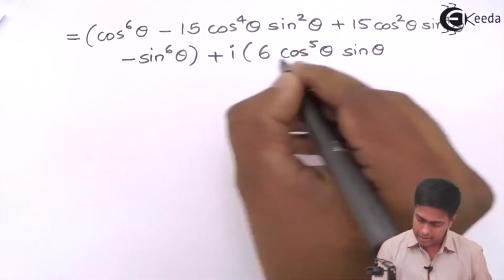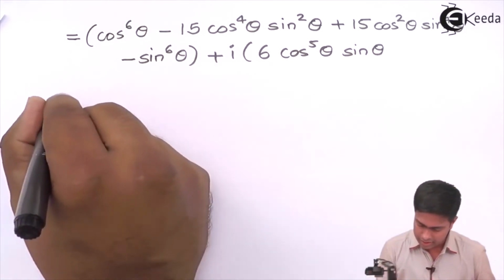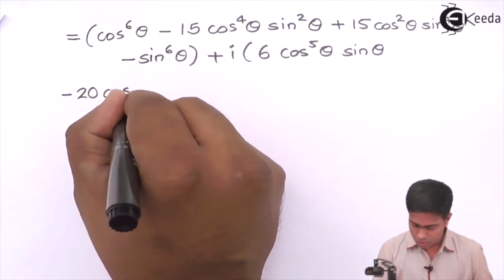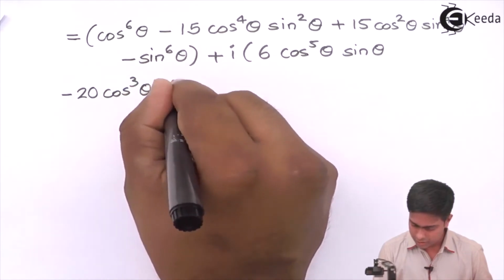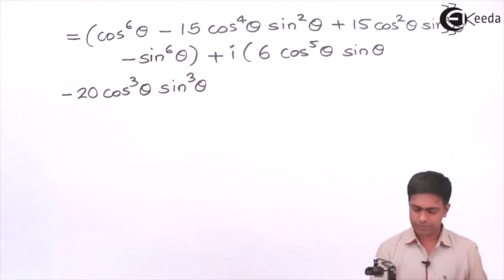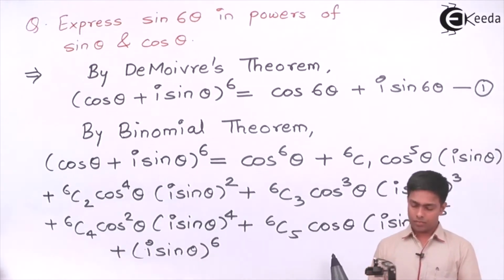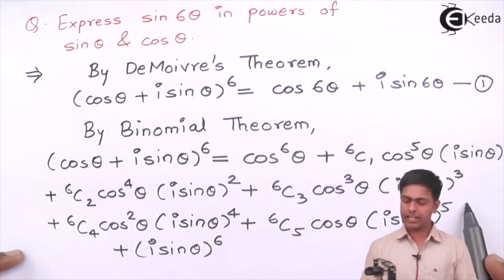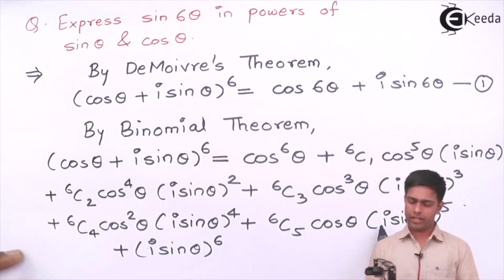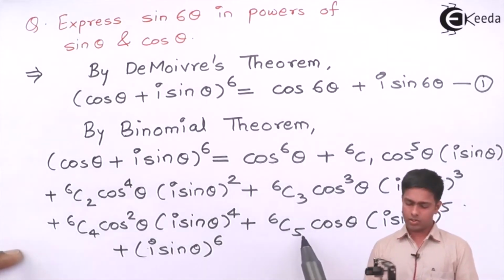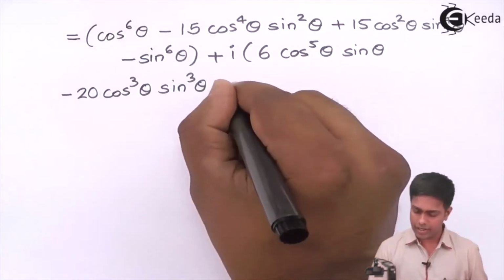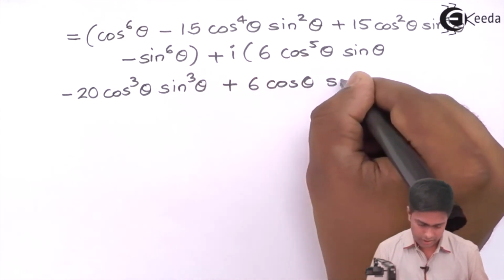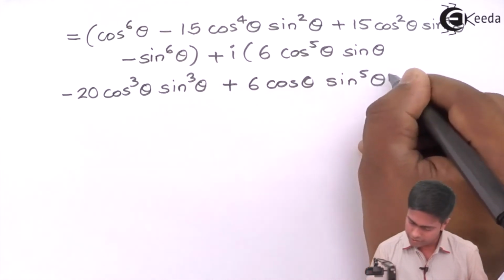So I write negative 20 cos cube theta into sin cube theta. Next, this one is again an imaginary term because i raised to 5 is i, and we are taking that i outside. So 6C5 is 6. So we will get plus 6 cos theta into sin raised to 5 theta.